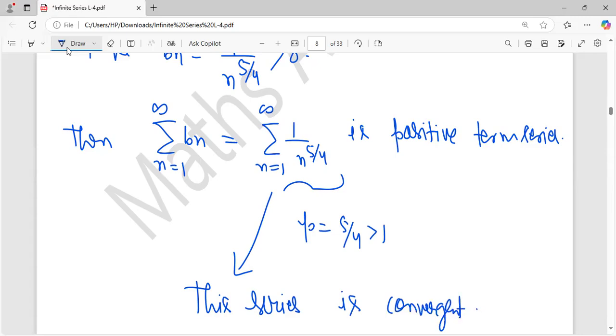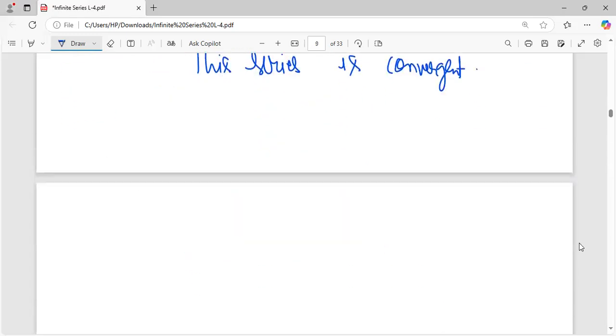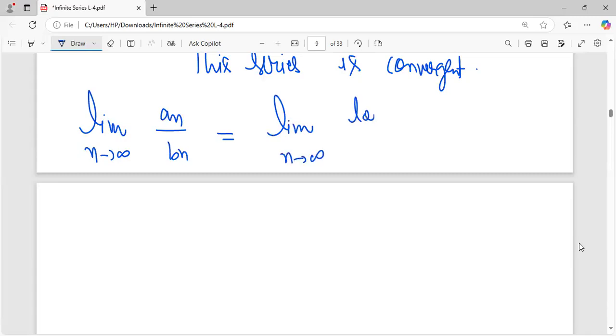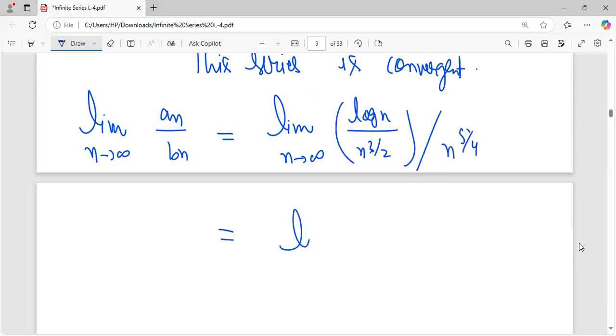Now what is the limit? Limit n tending to infinity an upon bn. That is limit n tending to infinity of log n upon n to the power 3 by 2, divided by 1 upon n to the power 5 by 4. After solving it, what you will get? Limit n tending to infinity log n upon n to the power 3 by 2 minus 5 by 4.